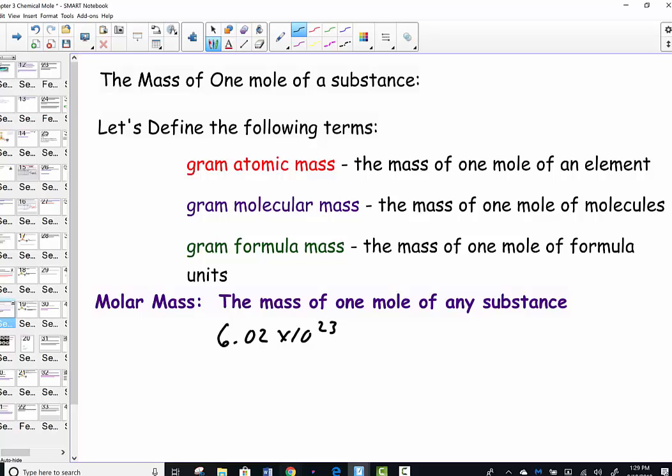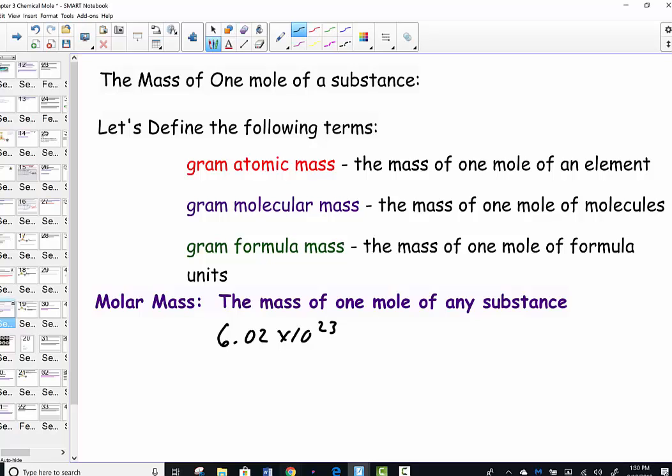If I wanted to weigh out 1 whole mole of the sulfur atom, it isn't just counting 1, 2 atoms, 3 atoms. You could not do that. But you can weigh out 32.06 grams of sulfur and now know with confidence there's exactly 1 mole of sulfur, 6.02 times 10 to the 23rd atoms of sulfur.